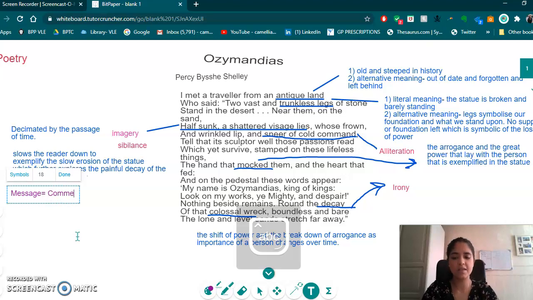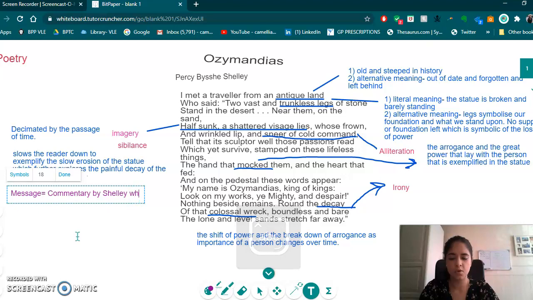So you can say this is commentary by Shelley, which exemplifies the loss of power.